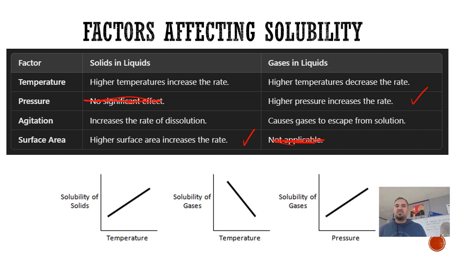And the other two are just opposite of each other. So solids dissolve better in hot water. Gases dissolve better in cold water. Agitation will cause more solid to dissolve. Agitation will cause less gas to dissolve. So a lot of the things are opposite of each other. But these are the rules, and we should have them all down.